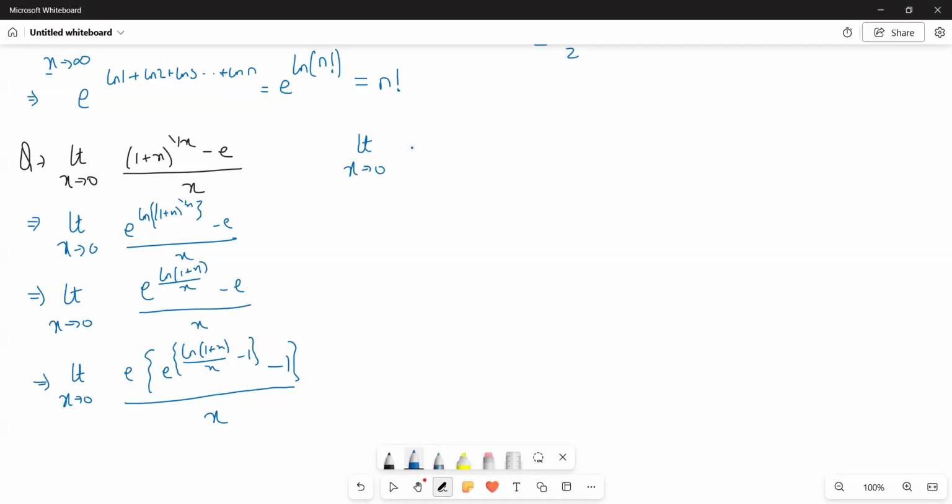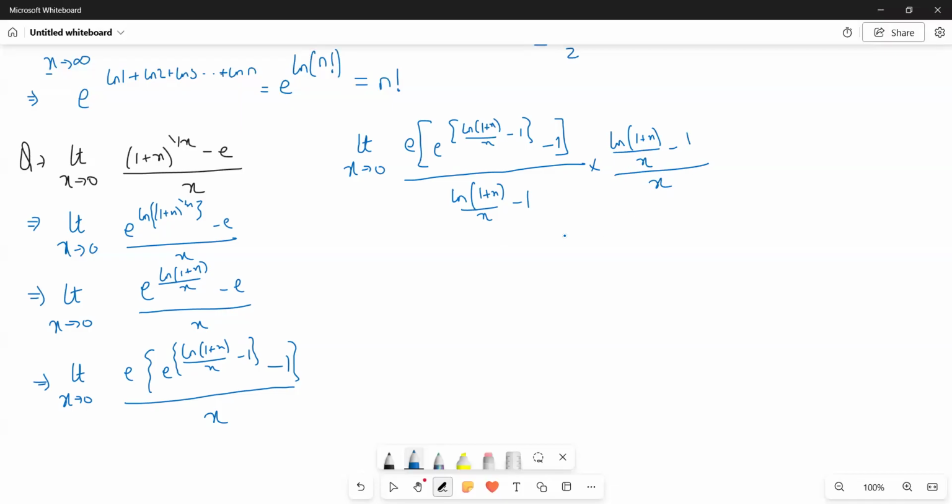Limit x tending to 0, e to the power of log of 1 plus x by x minus 1, whole divided by log of 1 plus x by x minus 1, into ln of 1 plus x by x minus 1, whole divided by x. Did you understand this?